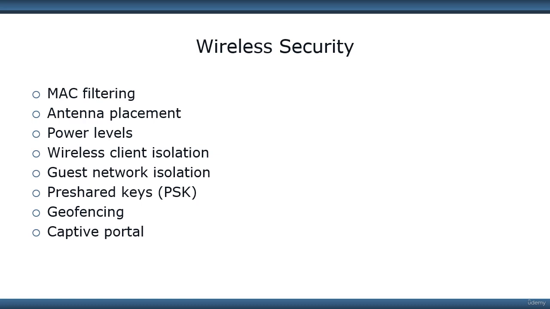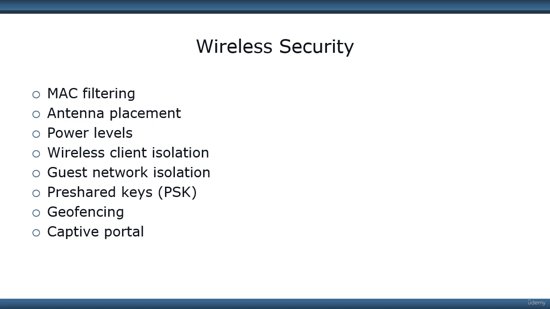In many cases, wireless clients are isolated from the rest of the network. And so you can gain access to the wireless network, and you may be controlled in what you can get access to. That's not always the case, but that's what wireless client isolation would be. You're on a different subnet or a different VLAN.